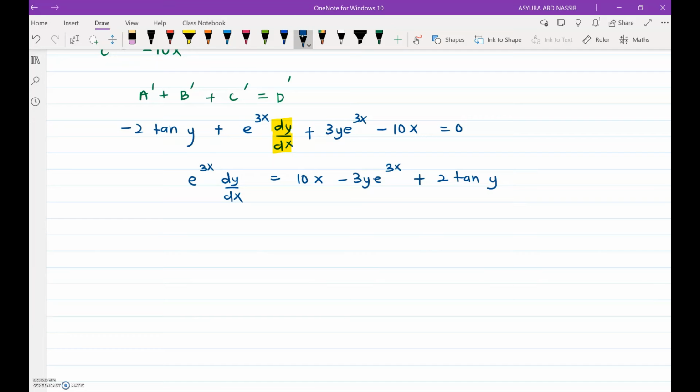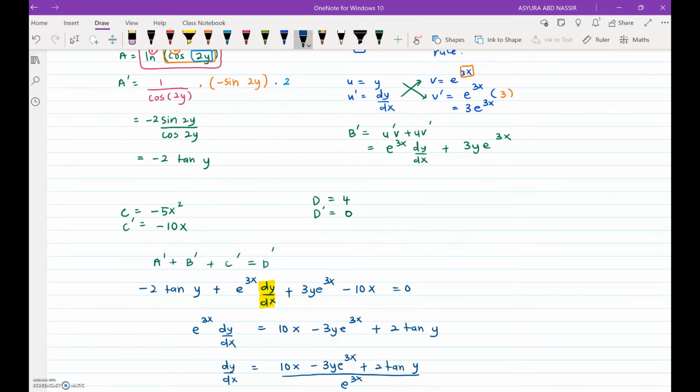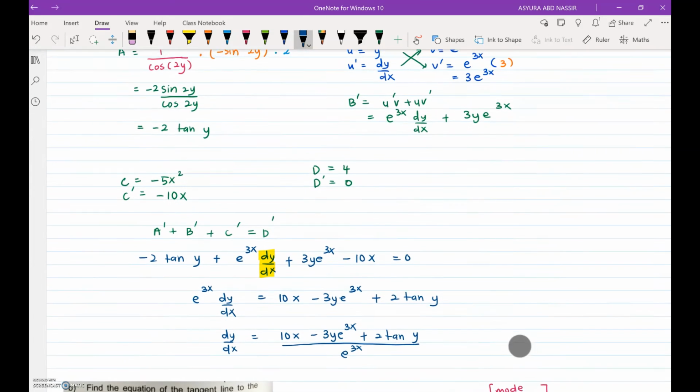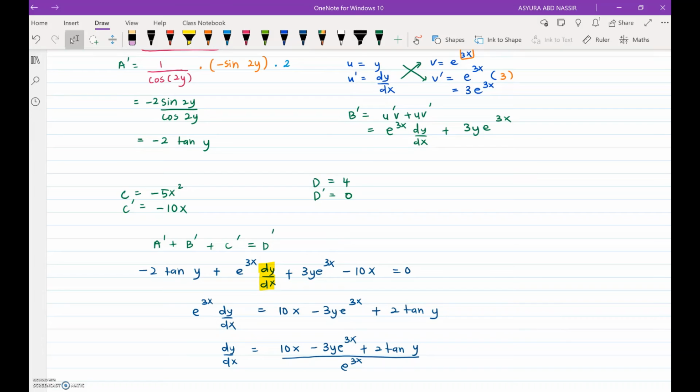Now you can write dy/dx as the subject: 10x minus 3y e^(3x) plus 2 tangent y, divided by e^(3x). This is your dy/dx. Sorry guys, this is actually negative 2 tangent 2y here. So this one is 2y and this is also 2y.